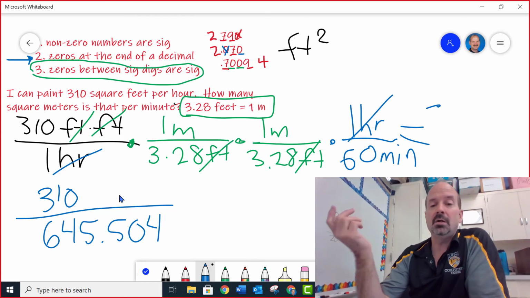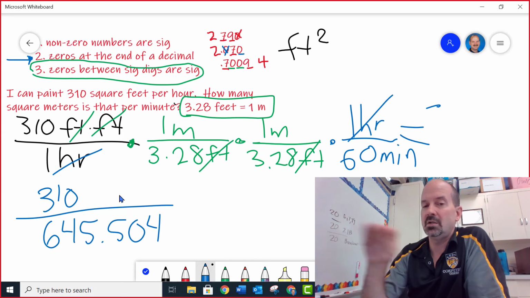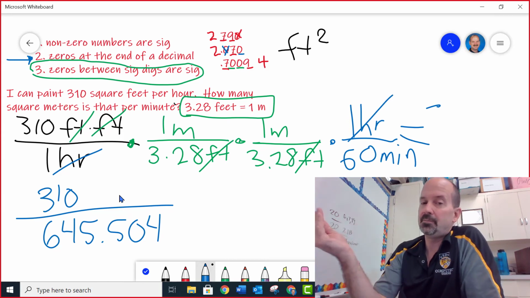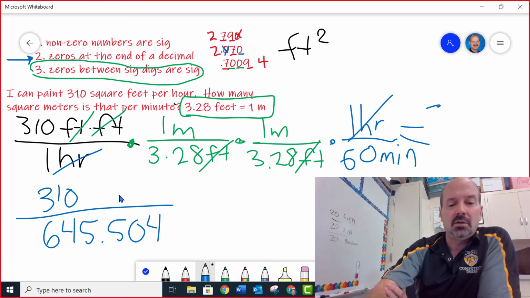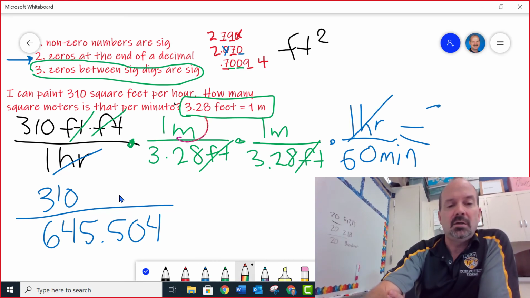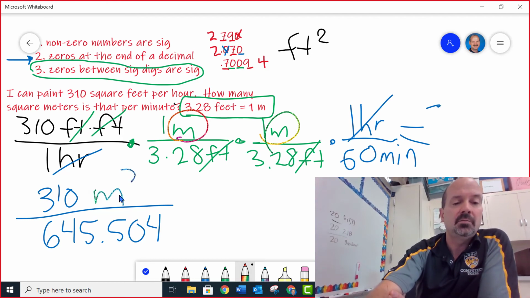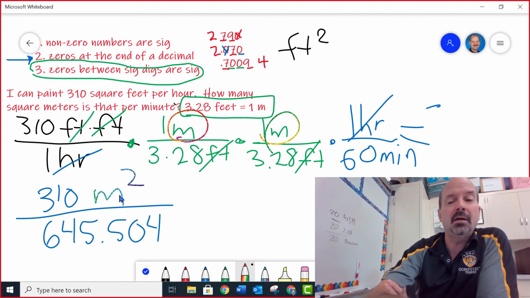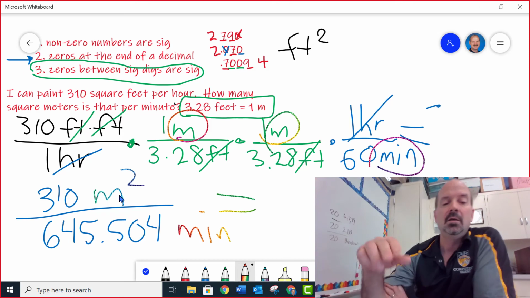And I can check the words. This is how I passed science classes in high school, is I made sure that the units worked out, and that means I used the right formula. So let's check to see if it worked. So maybe I'll use rainbow to color to show this. The meters and the meters are left on top. Meters times meters is meters squared. Okay. And then on the bottom, the only thing left is the minutes. So it's going to be per minute, or per 645 minutes, actually.